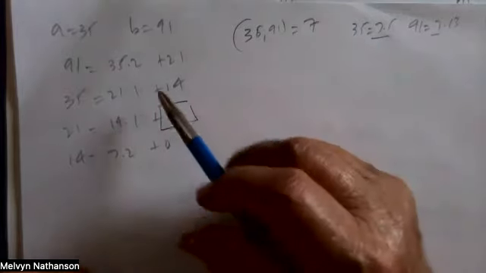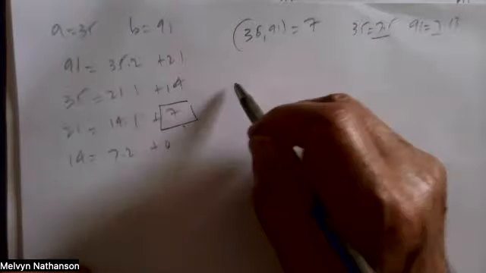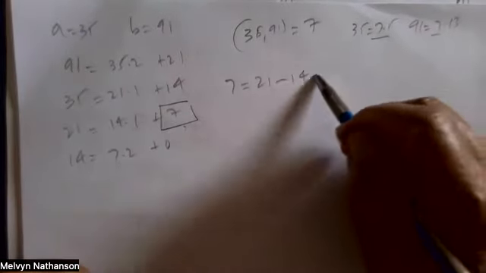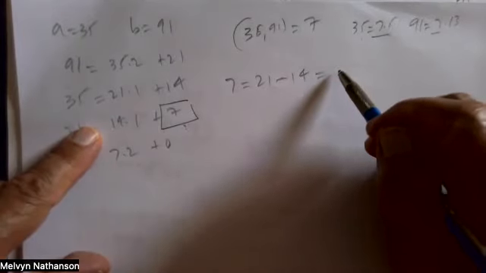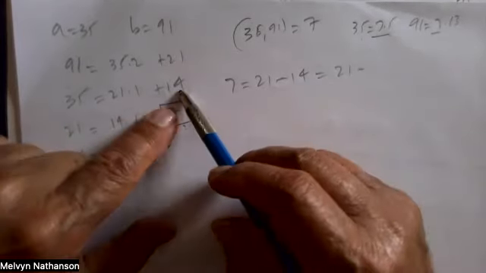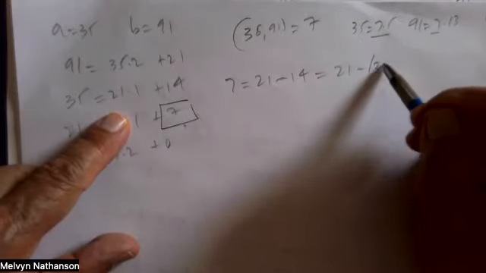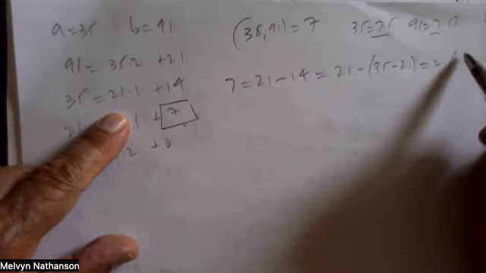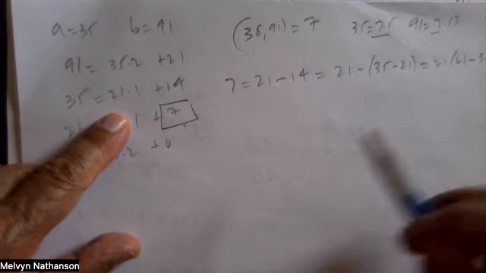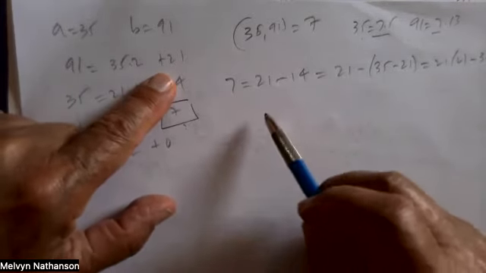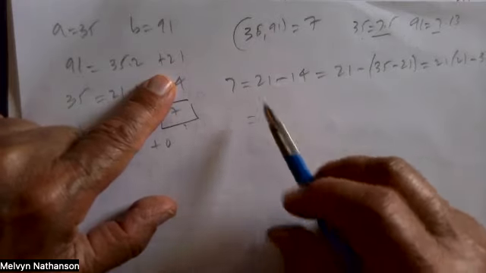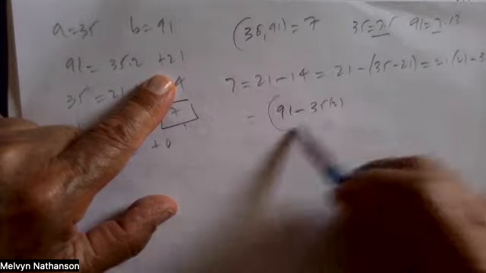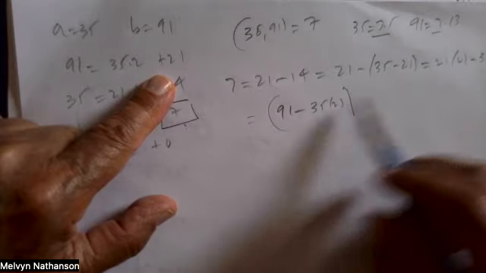How do we write 7 as a linear combination of these two numbers? So 7 is 21 minus 14. 21 minus, according to this, 14 is 35 minus 21. So this is 21 times 2 minus 35. According to this, 21 is 91 minus 35 times 2. So I plug that in for 21.